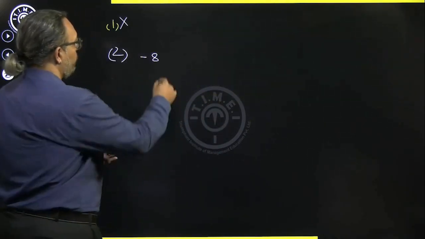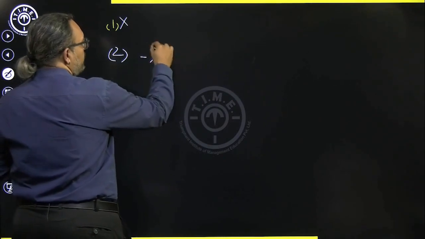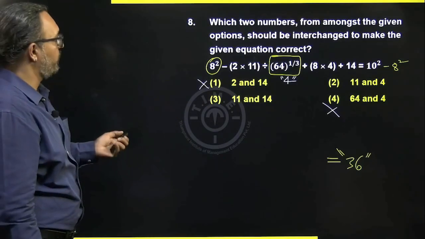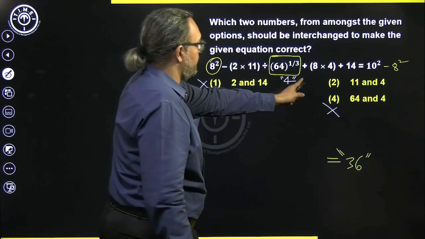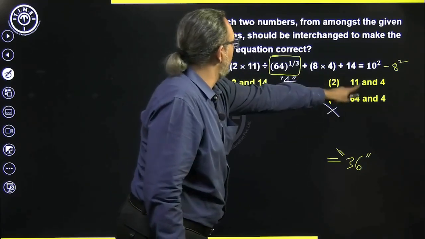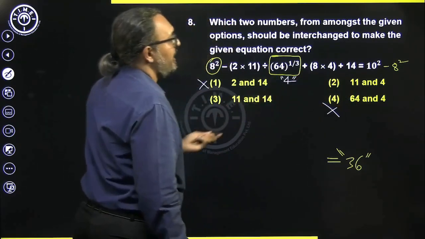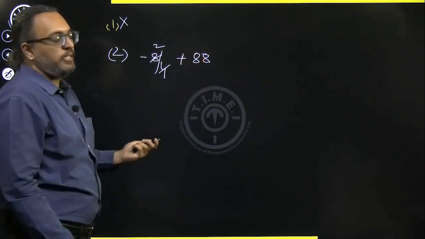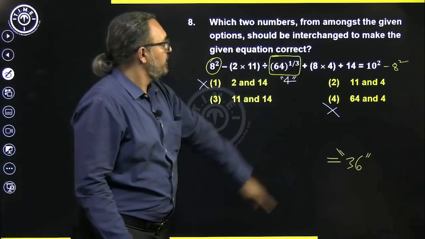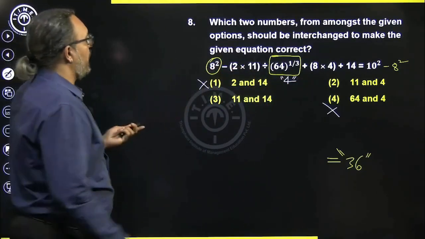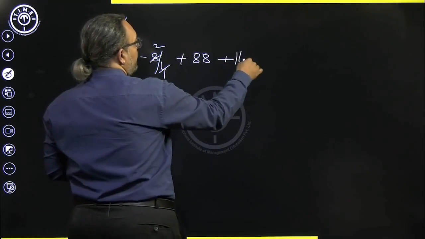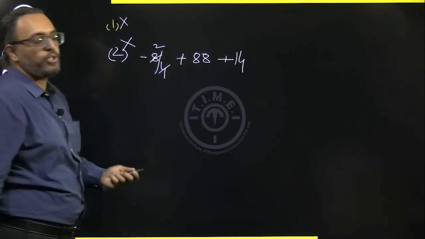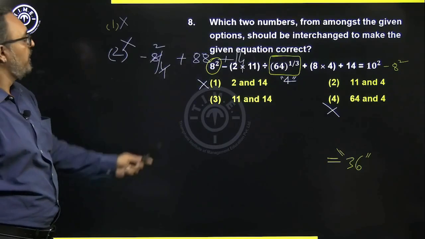Then divided by 4 gives you negative 2. And then plus 8 into 11 is plus 88. And then plus 14 should be as it is. So obviously this is not going to work out, the second option also, because I am not going to get 36. It is more than that.